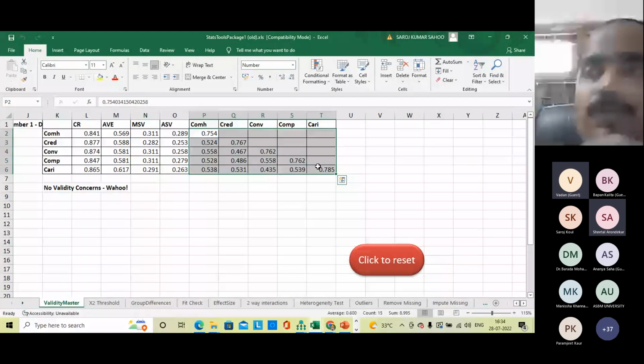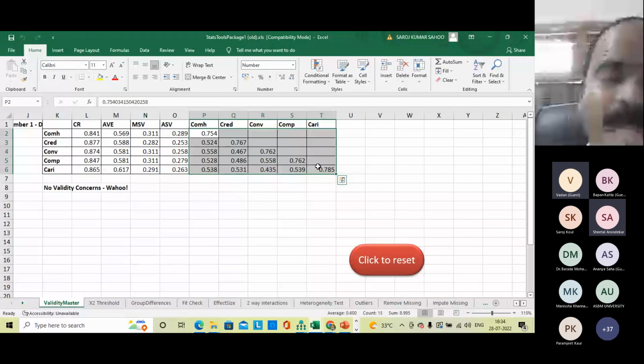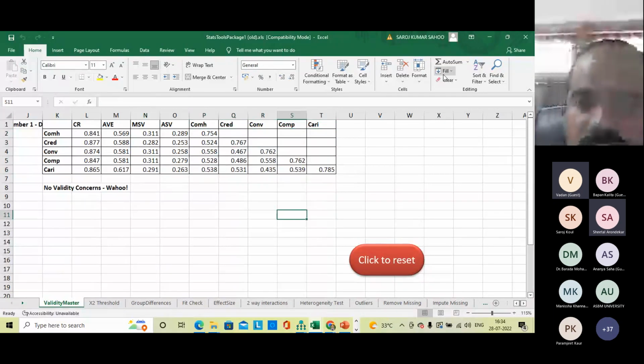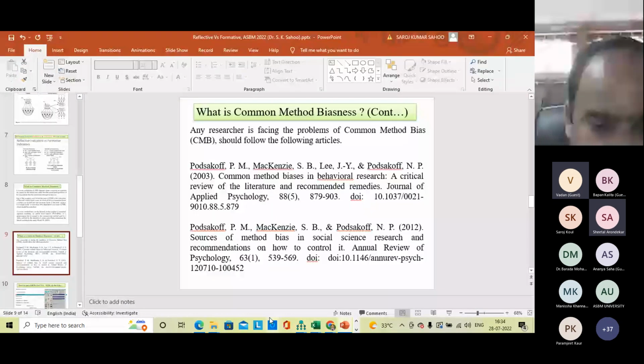That means the inter-construct correlation must be less than their respective covariance. Now look at the standard. Let me go to the PPT so that I can show you and you can understand it better.